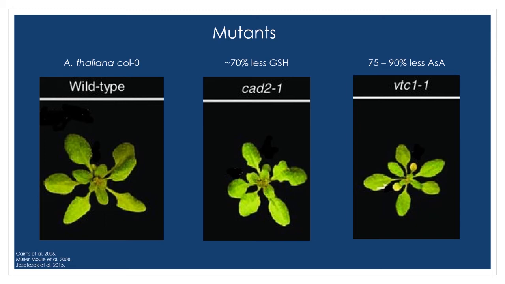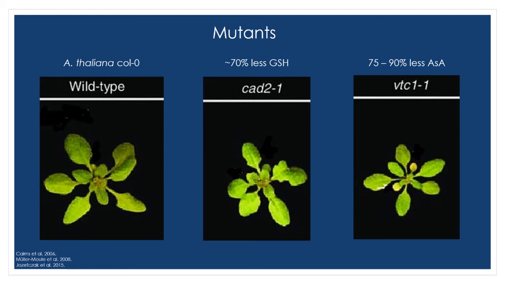And here in this slide we can see Arabidopsis thaliana wild type, which is also called Col0. Next to it is CAD, a mutant which has about 70% less GSH, or glutathione, compared to wild type.